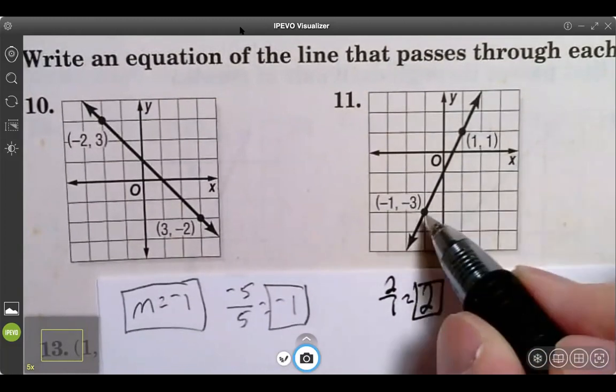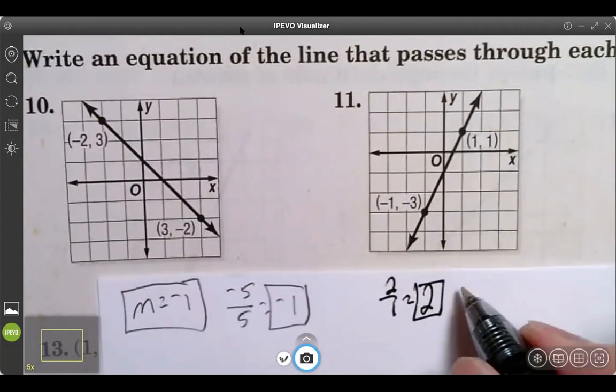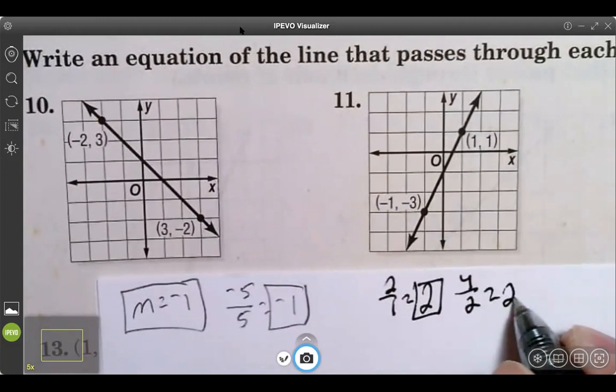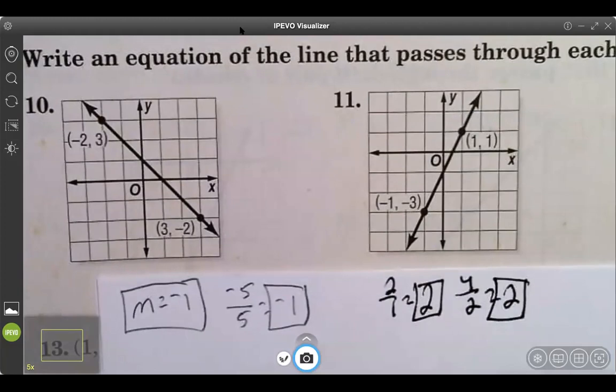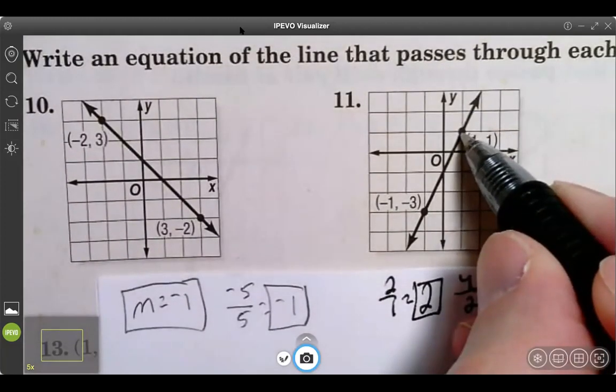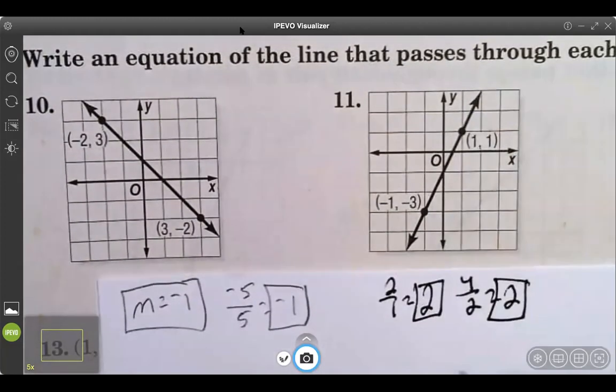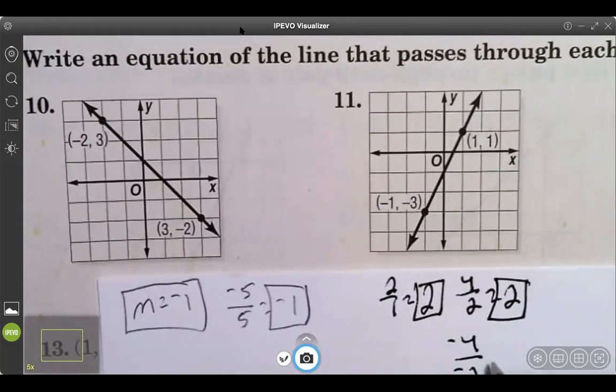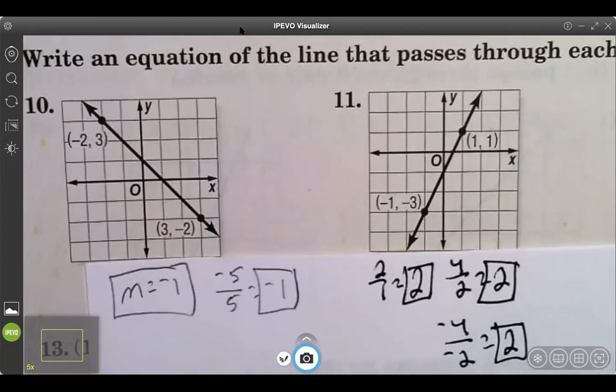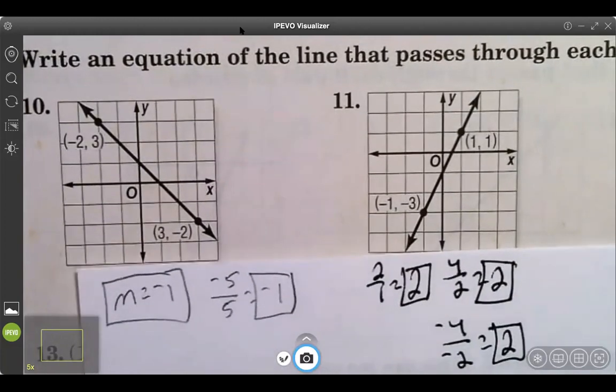If you had counted between the dots, you rise 4, run 2, which simplifies to 2. And if you had counted backwards from right to left, you'd have gotten rise negative 4, run negative 2, which also simplifies to 2. So no matter how you count it, your slope is 2.